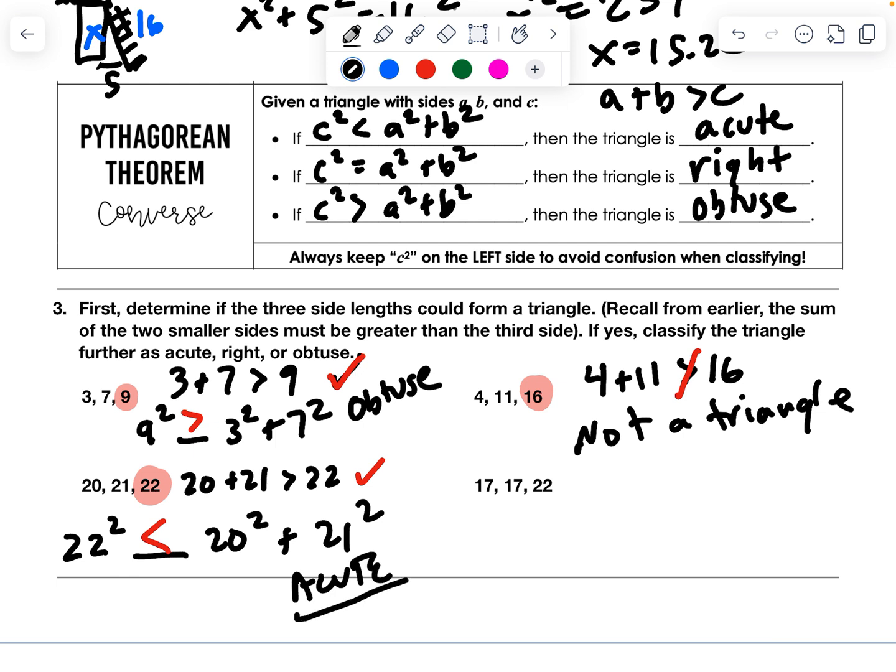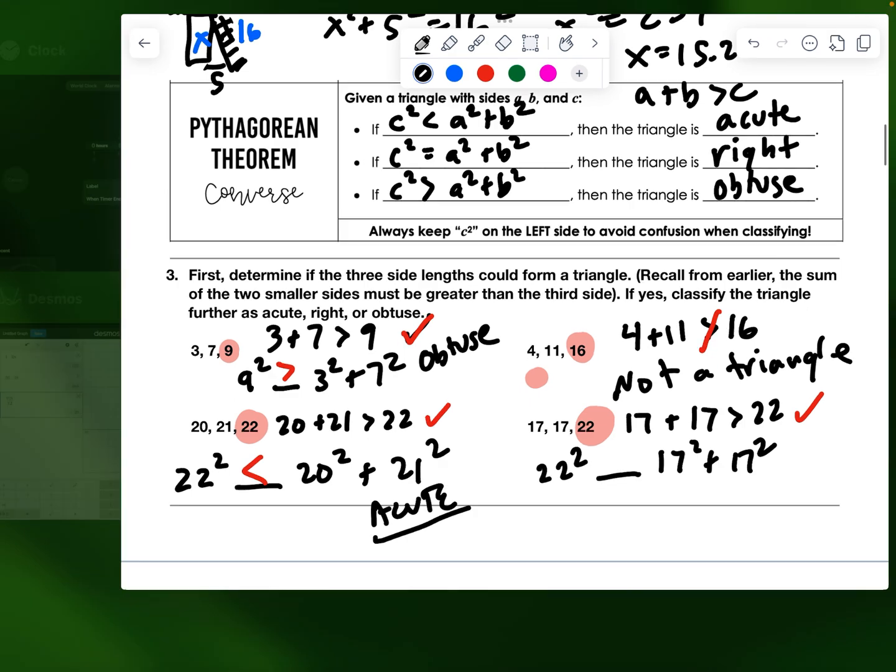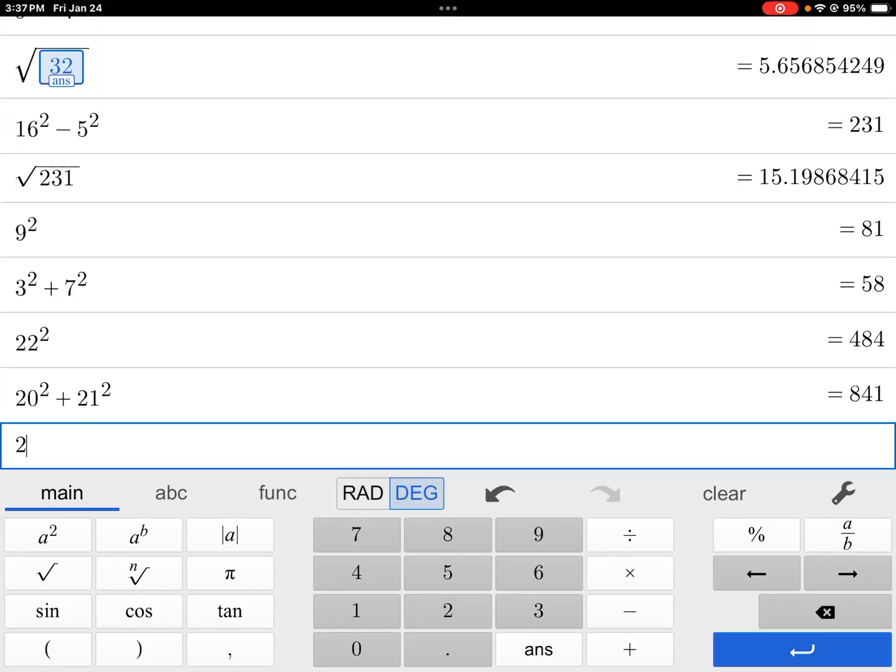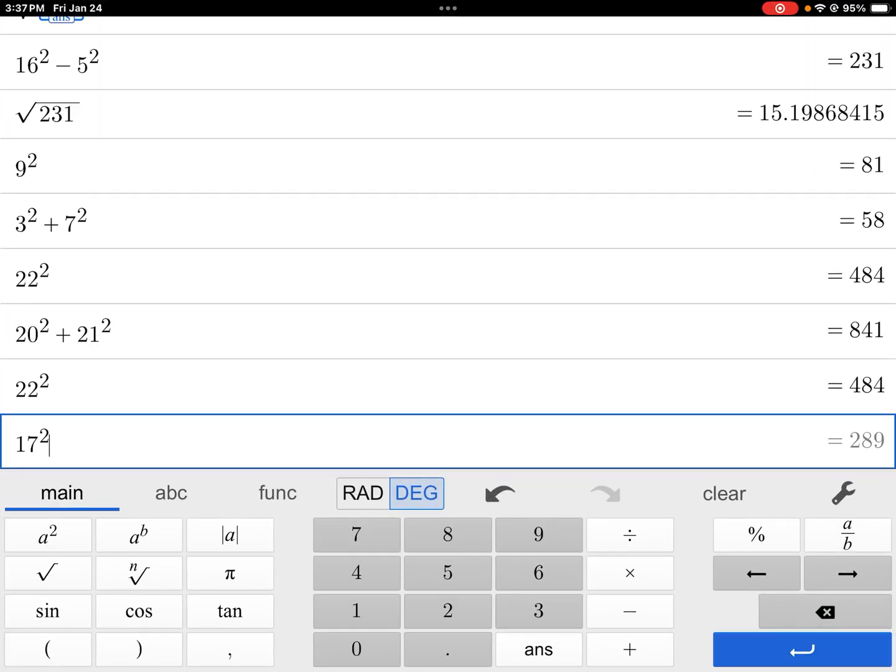Okay? All right, now 17, 17 and 22. Is 17 plus 17 greater than 22? Yes, so it is a triangle. Now we identify our longest side as 22, and we check how 22 squared compares to 17 squared plus 17 squared. 17 squared plus 17 squared is 578.